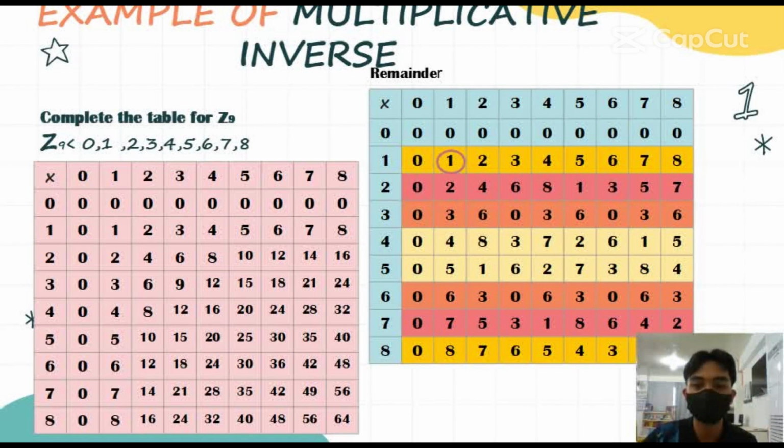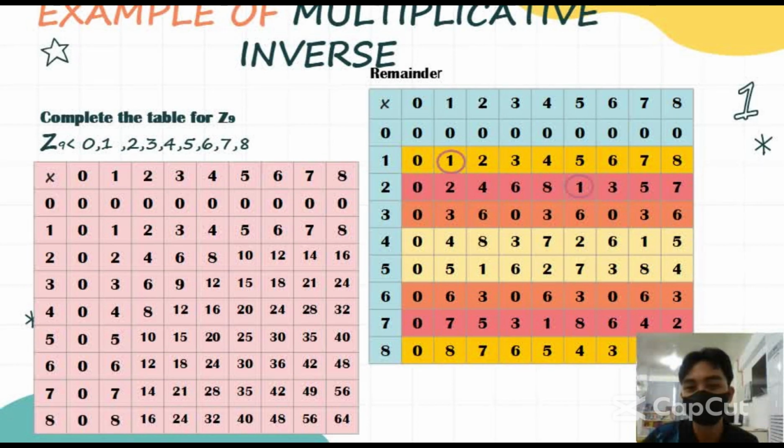So diri pod sa 3, we have here that 3 times 3, or 3 mod 9, is equal to the remainder of 3. So nganong 0 man siya diri, nganong 0 dili 1? It's because when we multiply 3 times 3 is equal to 9 and we know that 9 mod 9 we have the remainder 0.